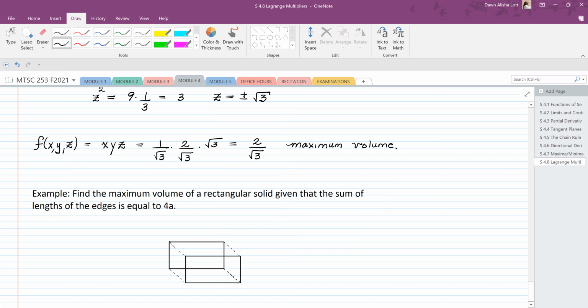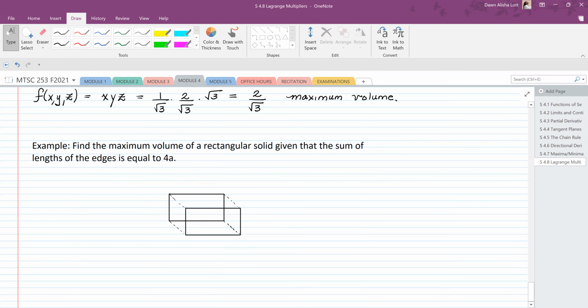And I need to find the maximum volume. So what are you going to make the volume? What's the function? You're going to maximize volume. What's your function going to be, Anaya? Isn't it XYZ? Okay, good.